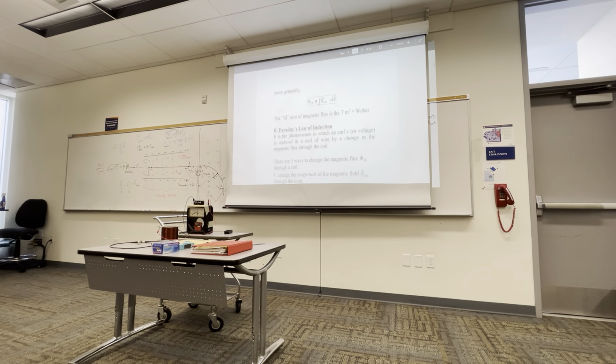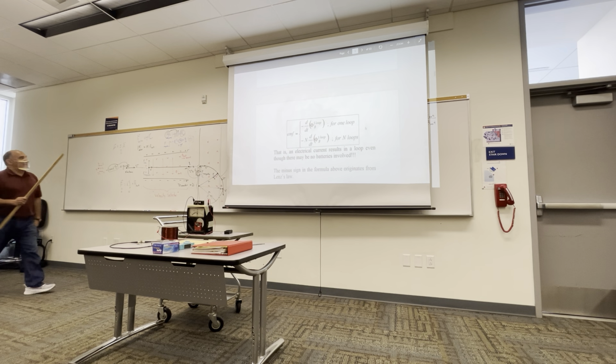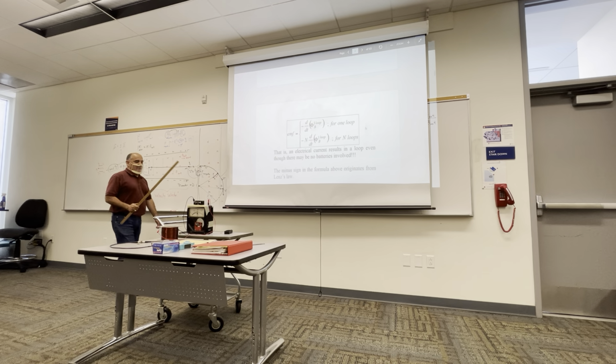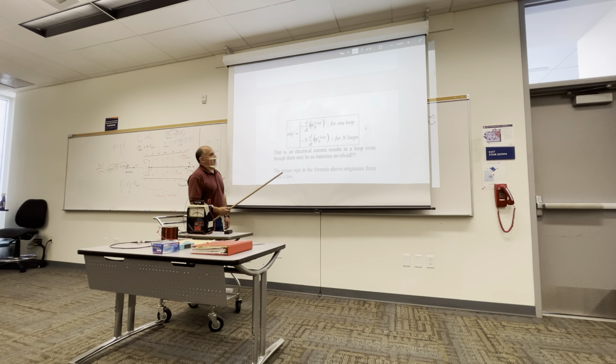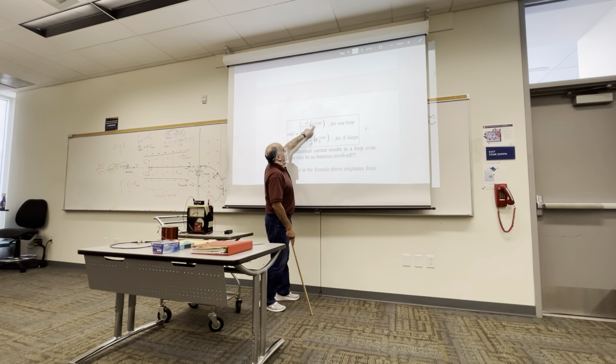He said, if the magnetic flux, which is B dotted with the area vector, changes with time, there's going to be a voltage induced in the loop or in the coil.